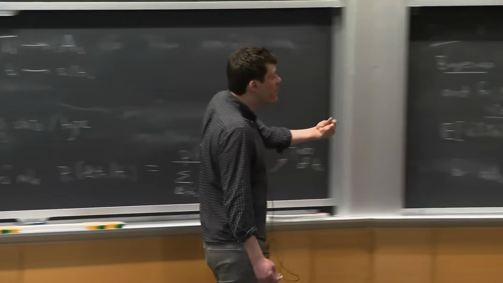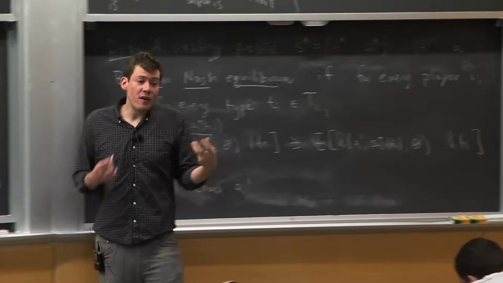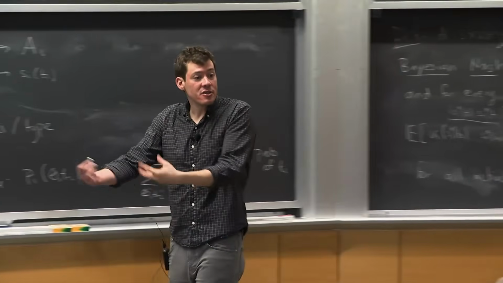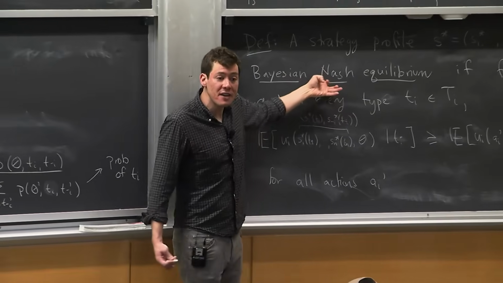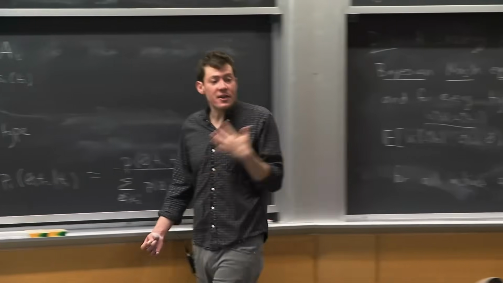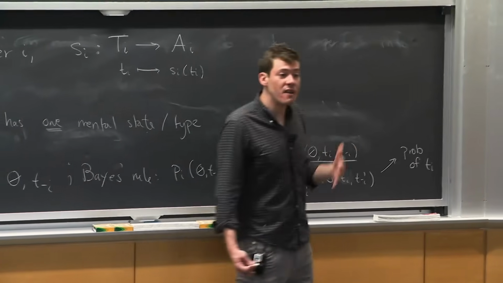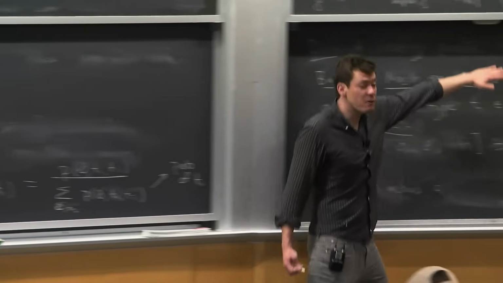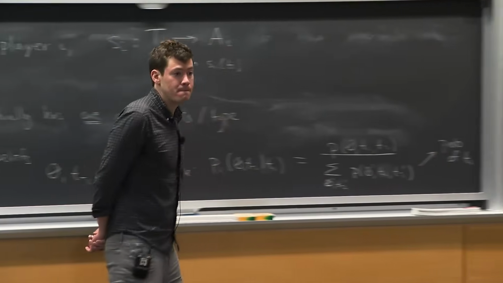We've defined equilibrium to be a profile of strategies that allows me to link my beliefs about their mental states to my beliefs about their actions. And we apply the classical idea of Nash equilibrium that says this method of behavior is stable and consistent, in the sense that if everyone correctly believes that everyone's playing this way, then no one is going to want to deviate from this method of play.